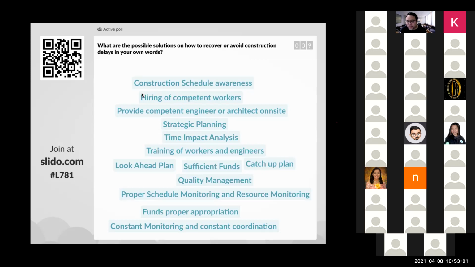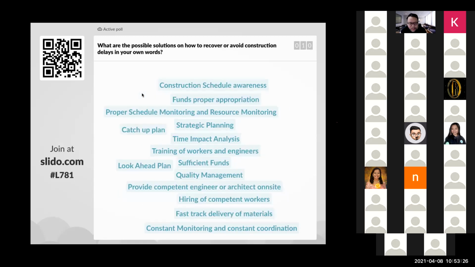Alam nyo na yon, ibig kong sabihin, di ba? Provide strategic planning. All of this you mentioned is included in your strategic planning if you are conducting one. So if you are not conducting one, we will have another seminar siguro on how to conduct strategic planning, no? Mga siguro sa sunod pa na mga months.